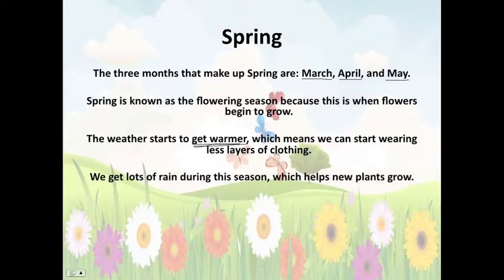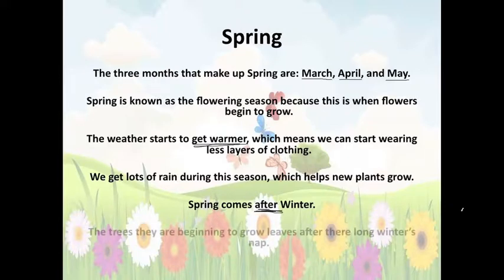We get a lot of rain during this season, which helps new plants grow. Spring comes after winter. The trees are beginning to grow leaves after their long winter's nap.